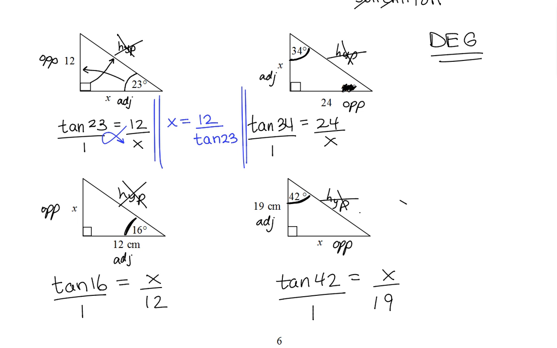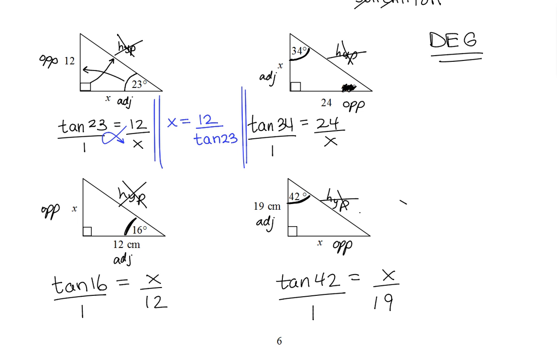Yeah, it's like you're going to a dance party, right? Tan 23 is top left. Now all of a sudden it's bottom right. Because we want to isolate x by itself on the top.